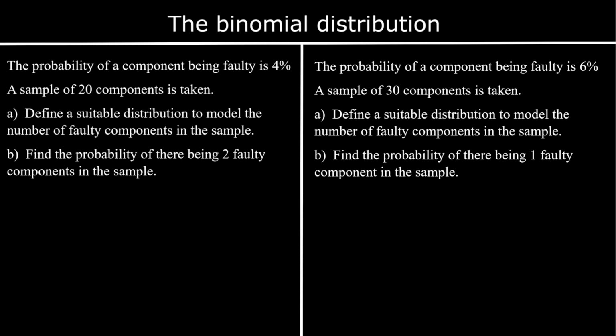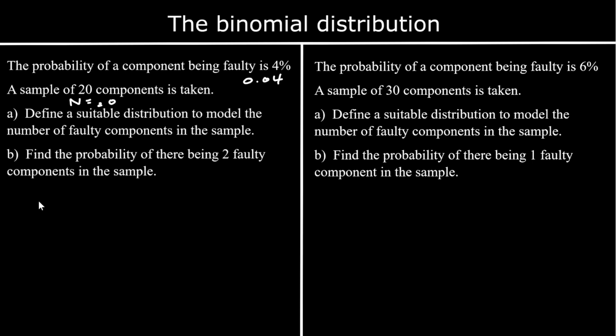The probability of a component being faulty is 4%. A sample of 20 components is taken. Define a suitable distribution to model the number of faulty components in the sample. So we're going to use a binomial distribution. So the probability each time is 4%, or 0.04, and n is going to be 20.